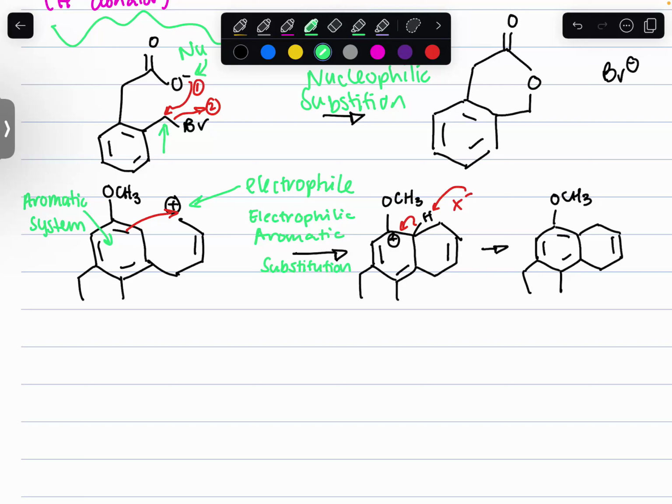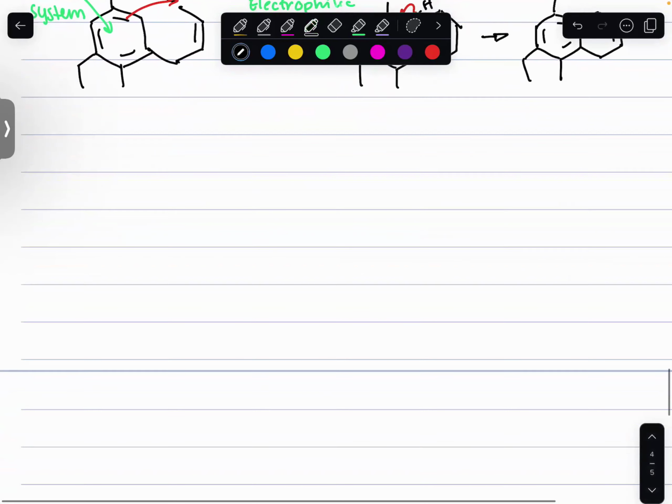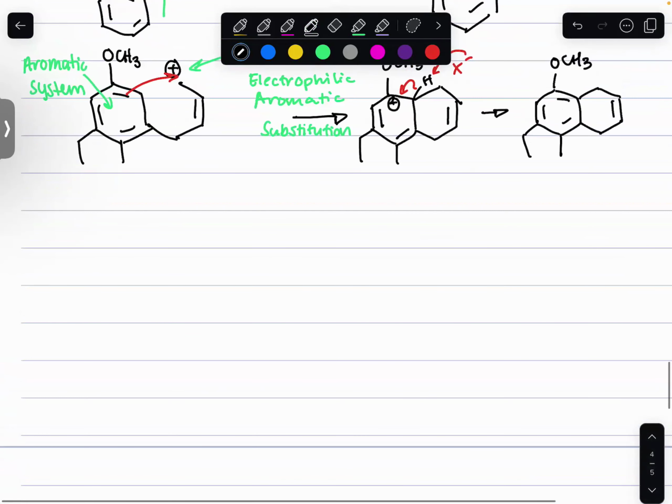So the next one tells us that it needs a base. What we're going to do is use that base to eliminate Br.